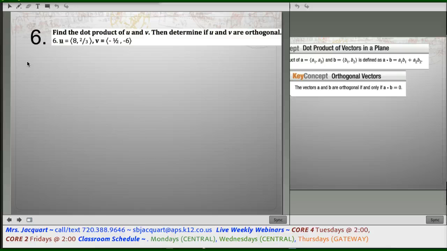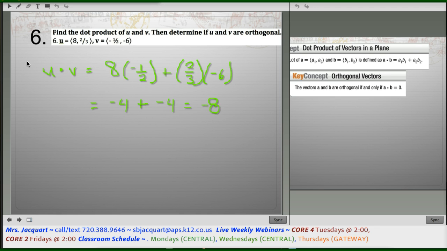So looking at our notes on the left, to find the dot product U dot V equals 8 times negative 1/2 plus 2/3 times negative 6. So it equals negative 4 plus negative 4 equals negative 8.